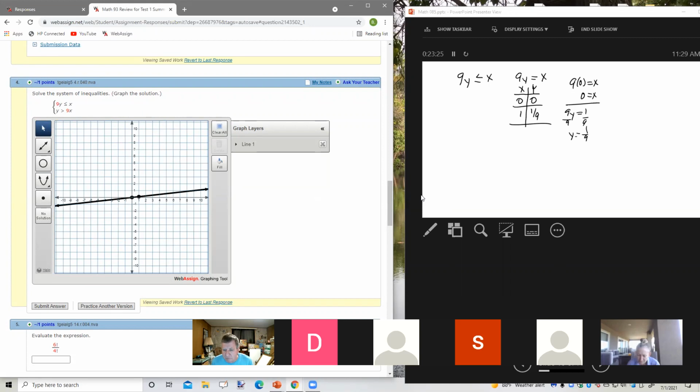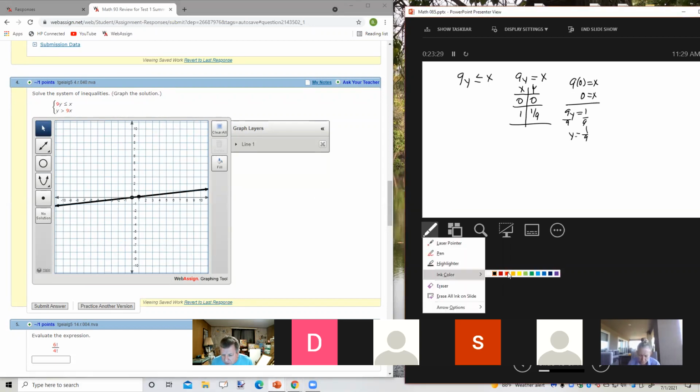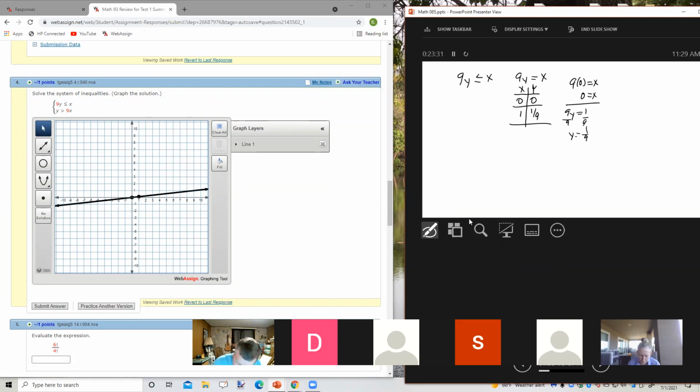We're going to start over now with the red one. And we've got y is greater than 9x. Okay, so again, I'm going to look at the related equation, y equals 9x. And again, I'll find the x-intercept, but I'm going to have to find something different, I can tell already.